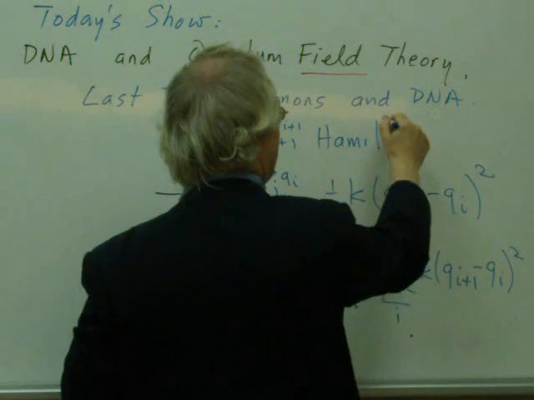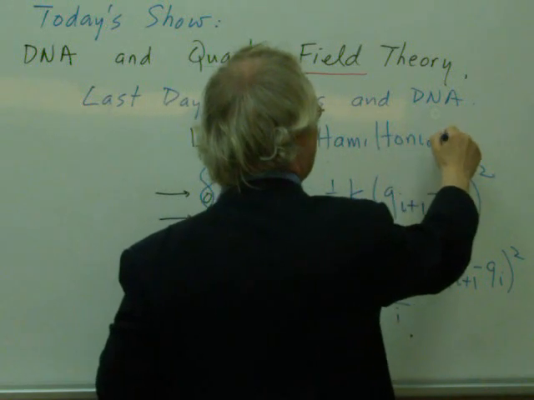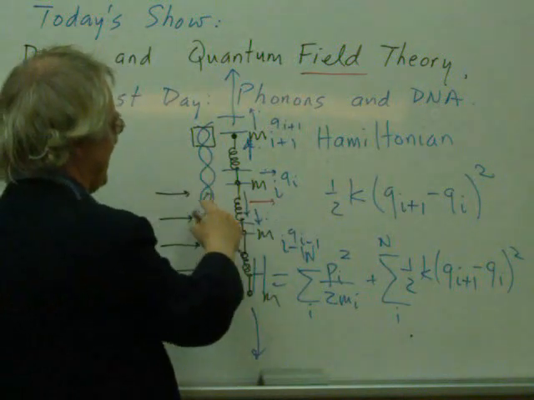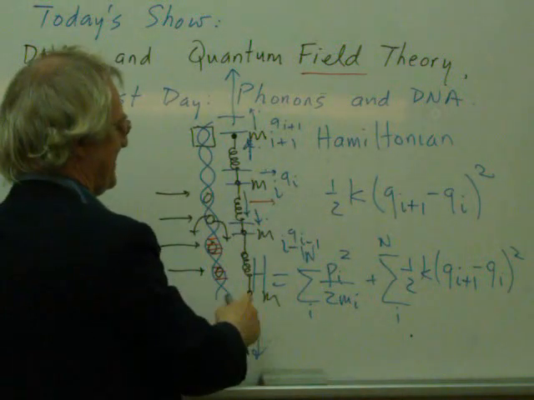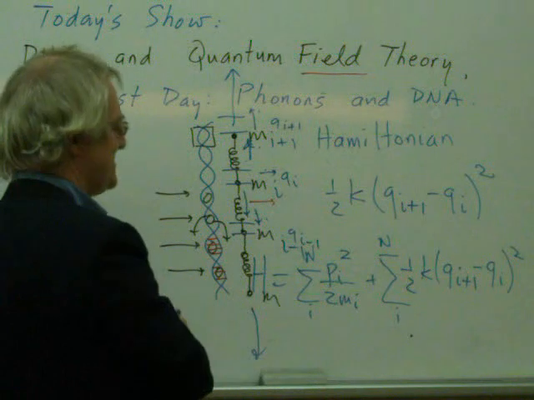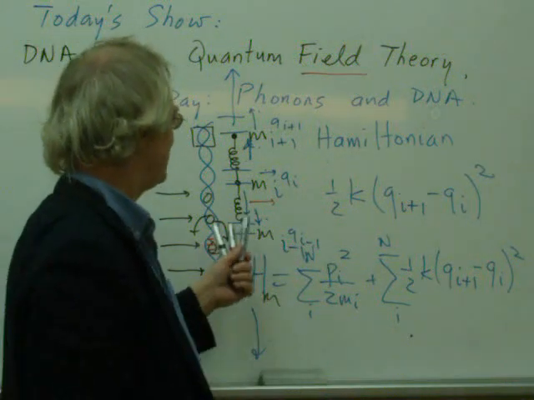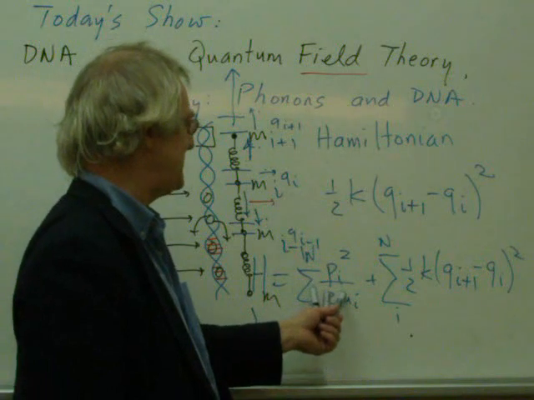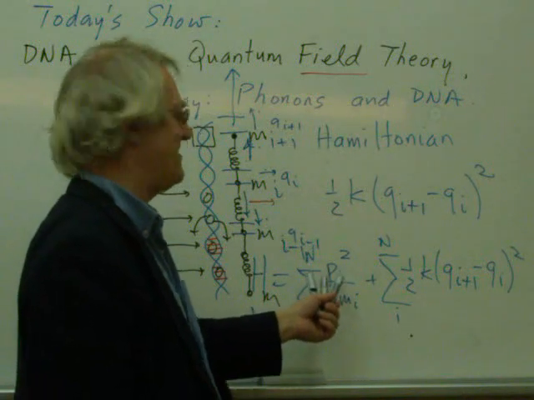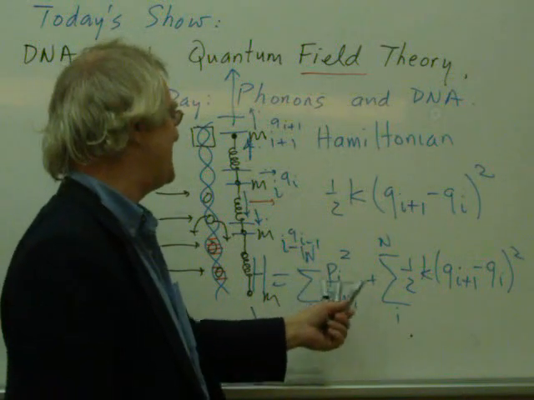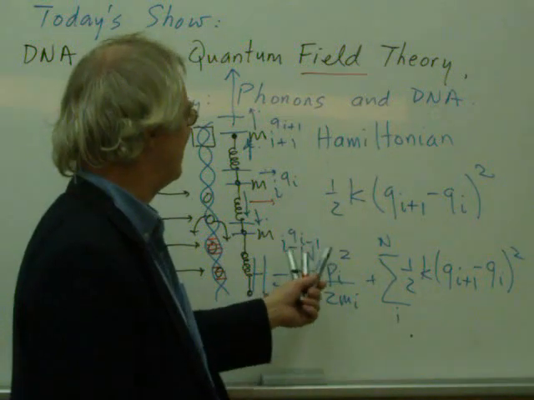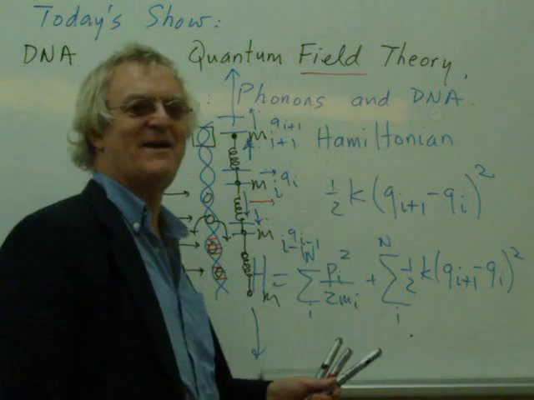The Hamiltonian of this coupled oscillator system, which is modeling my linear crystal, the DNA, can be described to some extent as the sum of the kinetic energy and the sum of the potential energy. And now I've got the beginnings of my quantum field theory.